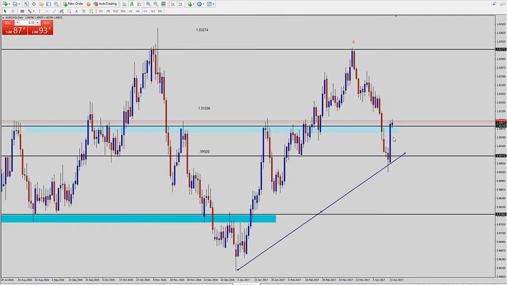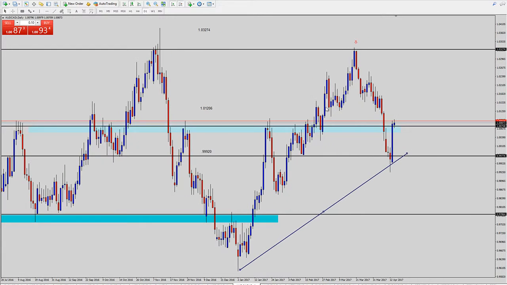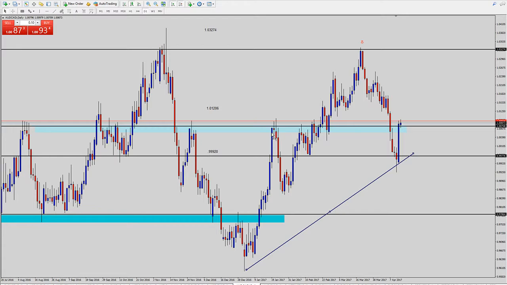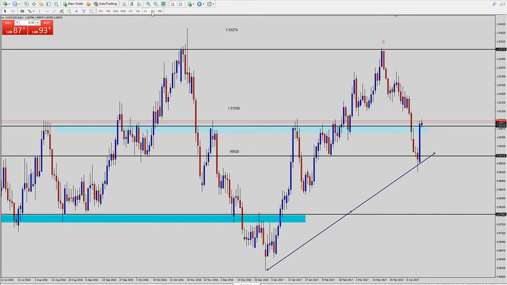Because since we have like a very strong bullish engulfing, about 130 pips, it's a very strong candle. So buys are in the market, and it came up to this important area, this important support and resistance zone, mostly the resistance, and how it just broke out.